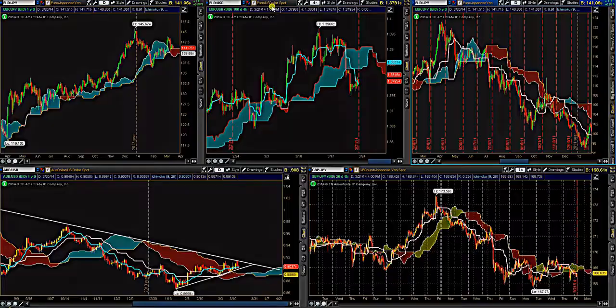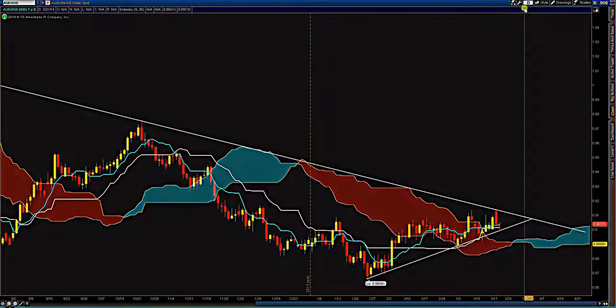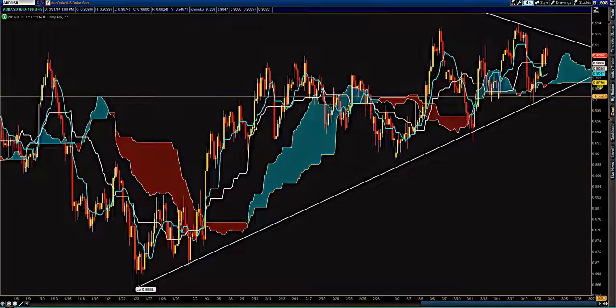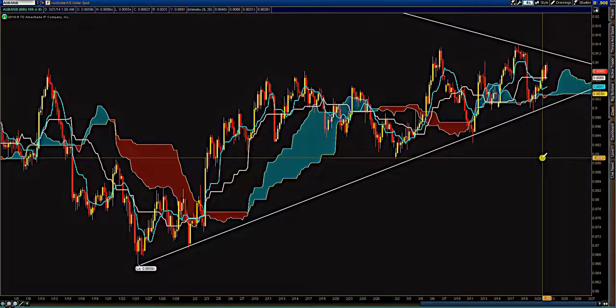And last but not least, look for crossovers. And again, not all crossovers work well with every pair. So the Tenkan Kijun crossover might not work as well with the pound Kiwi as it does with the Aussie dollar.